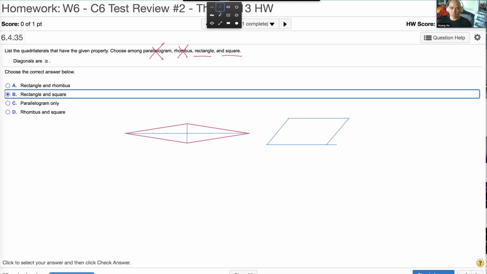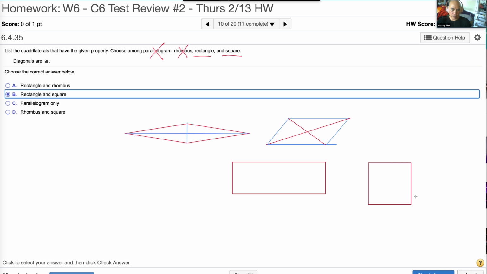Now you can see when I connect the diagonals, they are not congruent. One is short, one is much longer. And you already know in a rectangle the two diagonals are congruent. So this is a rectangle. And a square, I can draw a square right now. So this is a square, with the two diagonals drawn. Here we go.